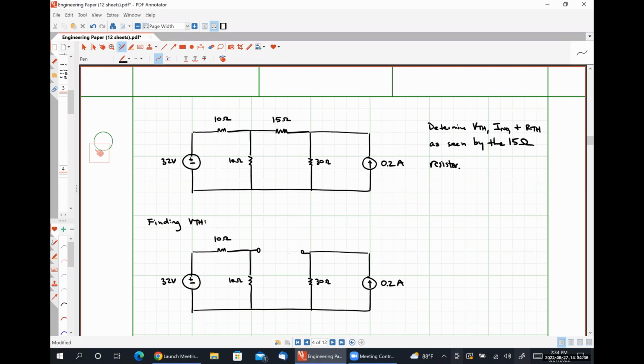Just for the sake of argument, let's put the positive polarity terminal on the right-hand side, and the negative polarity on the left-hand side. How might we go about solving for our Thevenin voltage?